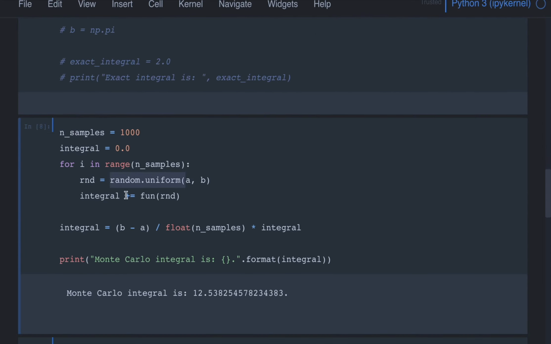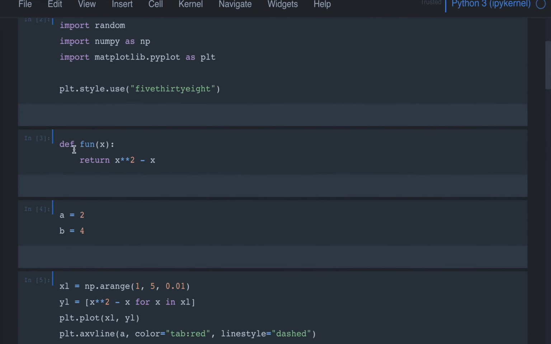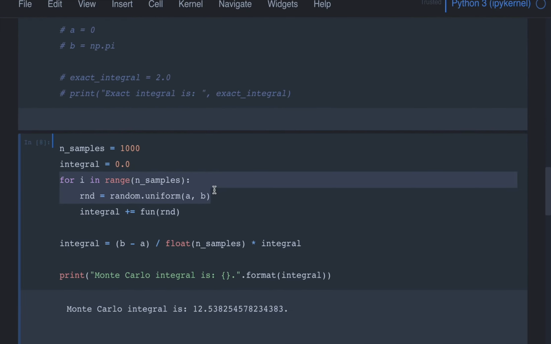Okay, so we get the random number, and then we simply compute our original function, right? We pass that random number to the function and compute the function value, x squared minus x. We repeat this process many times, and each time we compute the function value and add that to the integral, right?